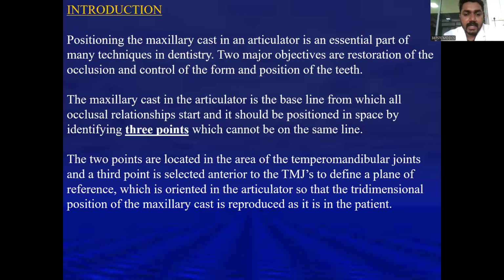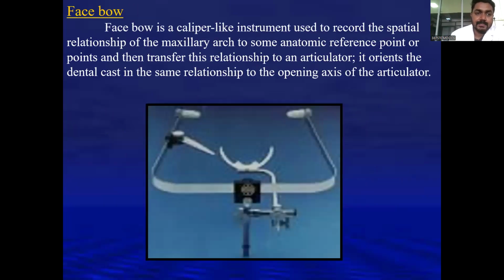The 2 points are located in the area of the temporomandibular joint, and the third point is selected anterior to the TMJ. This will define a plane of reference which is oriented in the articulator so that the three-dimensional position of the maxillary cast is reproduced as it is in the patient.